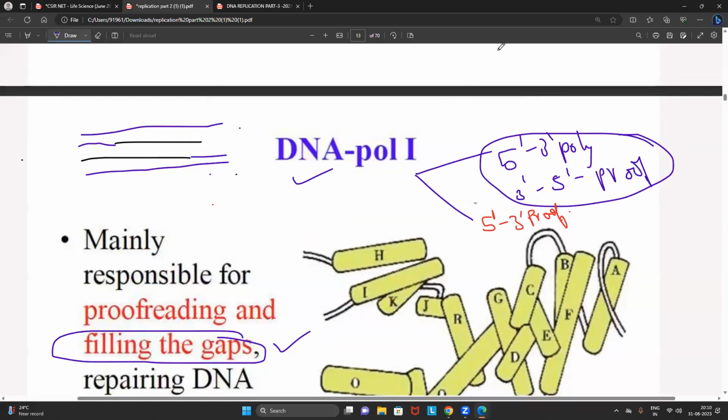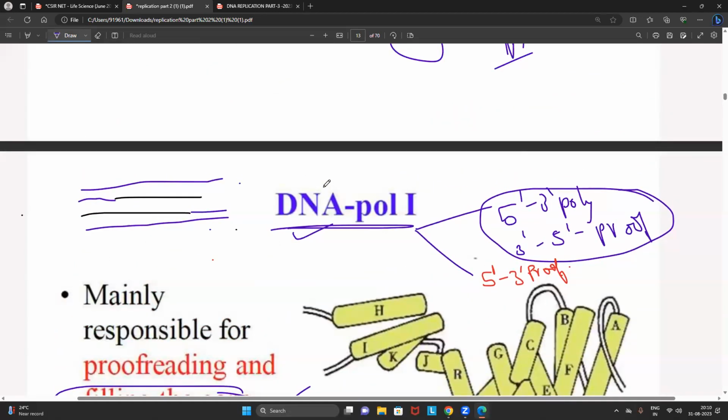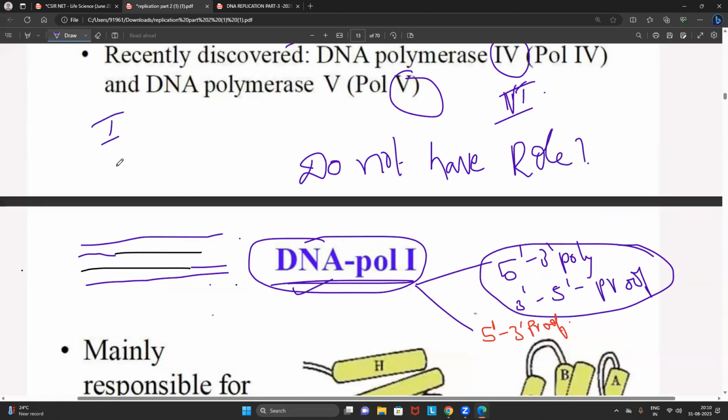Again, they can also ask the question in the exam, which of the following DNA polymerase enzymes? Answer, all the students, think and answer my question. Don't be in a hurry. Which DNA polymerase enzyme does not have any direct or indirect role in the DNA repair mechanism?